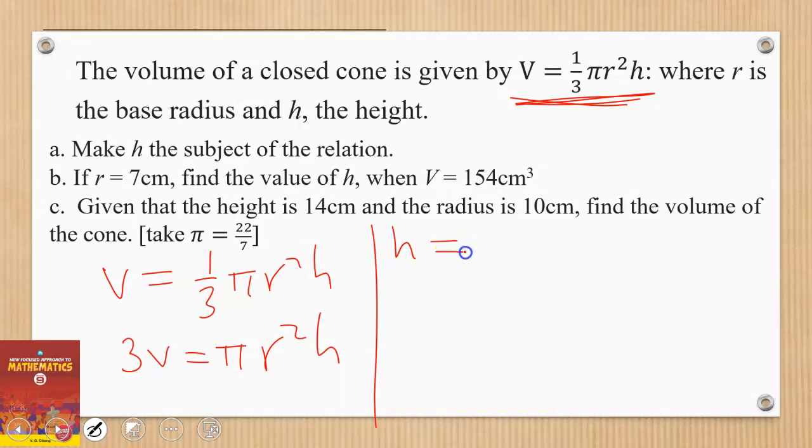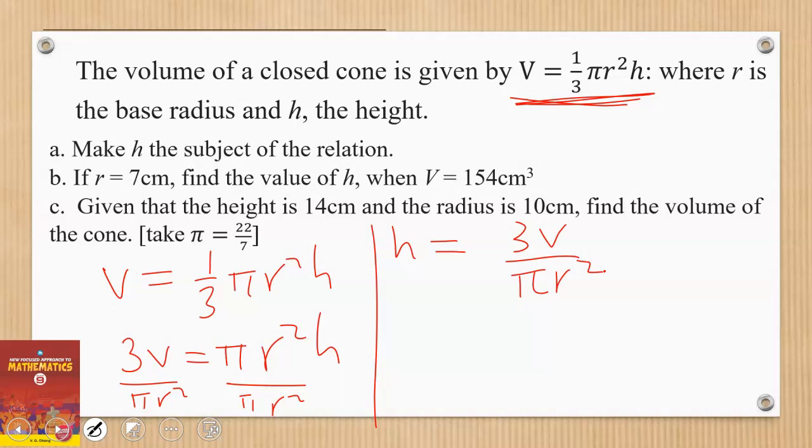So our h becomes 3V over pi r squared. So that is the first part of the question.